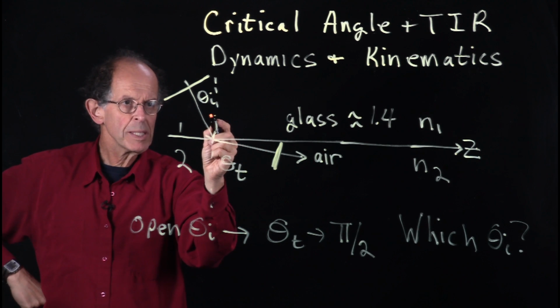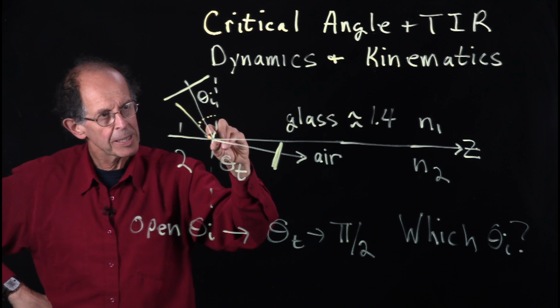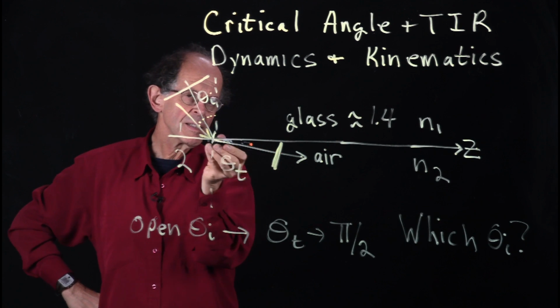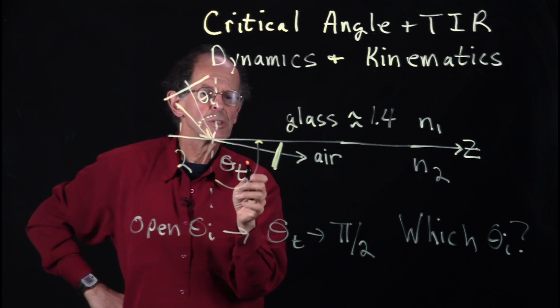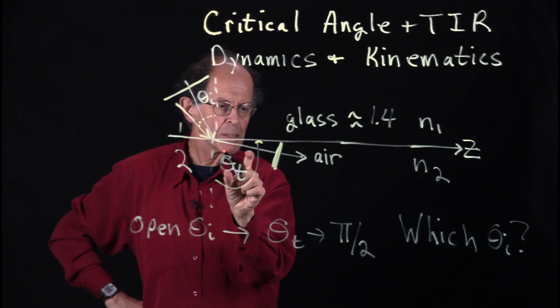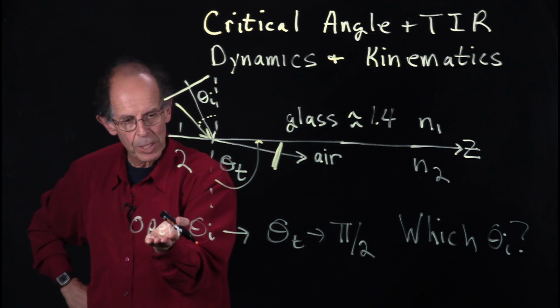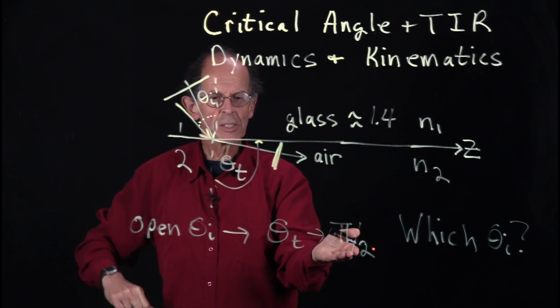And as it swings away further and further, theta t will actually approach pi over 2 or 90 degrees. As we open up theta I, theta t is approaching 90 degrees.